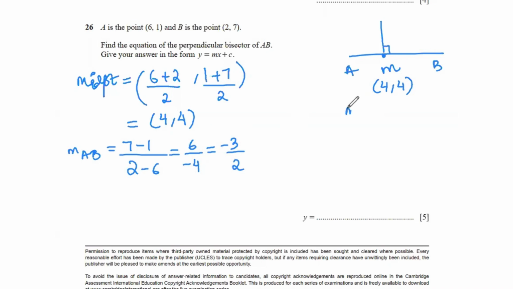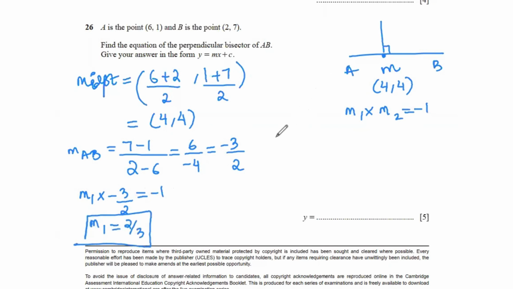So perpendicular lines have a condition that the gradient of one line times the gradient of the other line equals -1. So in our case, the gradient of the perpendicular line times -3 over 2 equals -1, which means the gradient would be 2 over 3 for the perpendicular line. Now, using the point slope form, we can easily find the equation of this line.